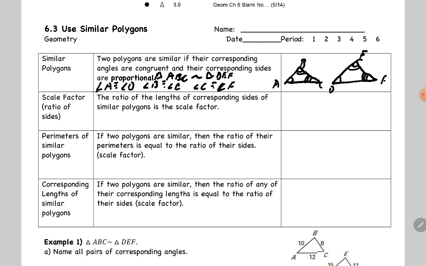What that means is AB over DE needs to be equal to BC over EF, which equals CA over FD.